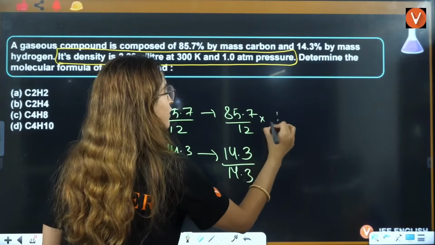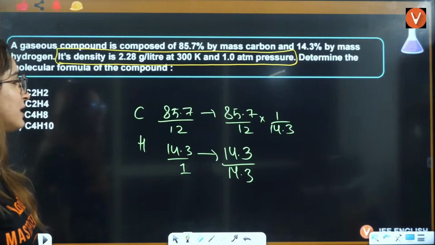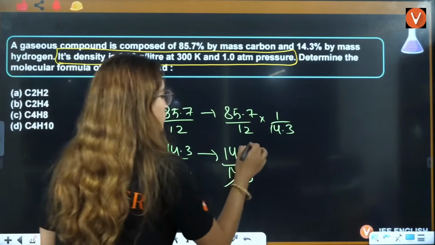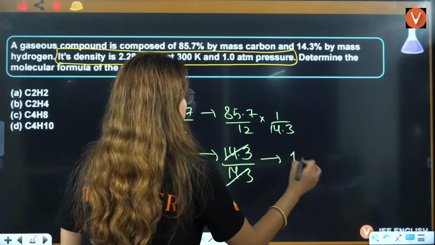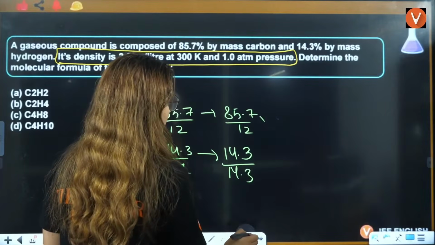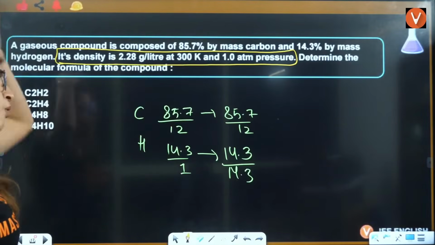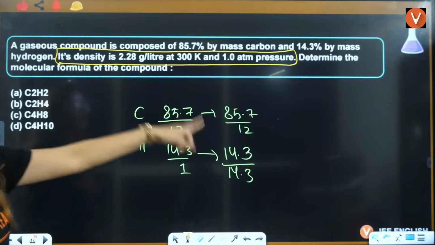Achha, wait a minute. That is 1 by 12. Maybe that will be the smaller number. 85.7 divided by 12 will be smaller than 14.3.